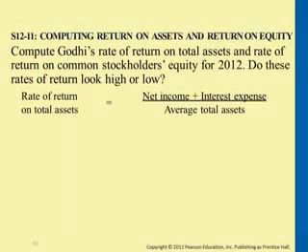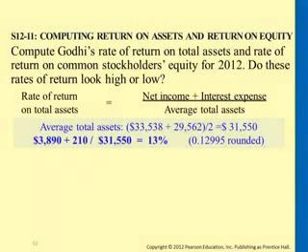4,000. Okay, I'm going to click and see if you got it right. So 3,890 plus 210. The upper part will give you the dollar amount of 4,100, right? And then divided by this.